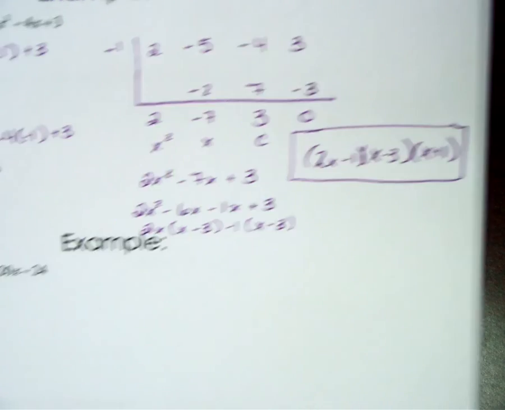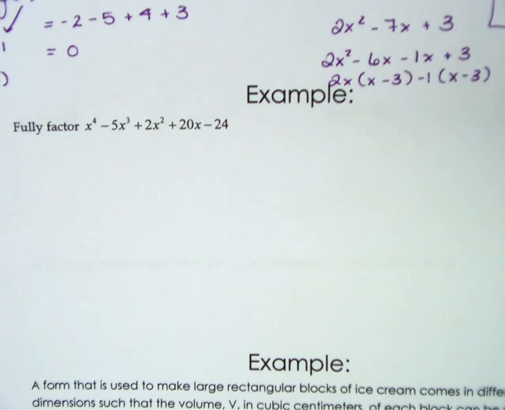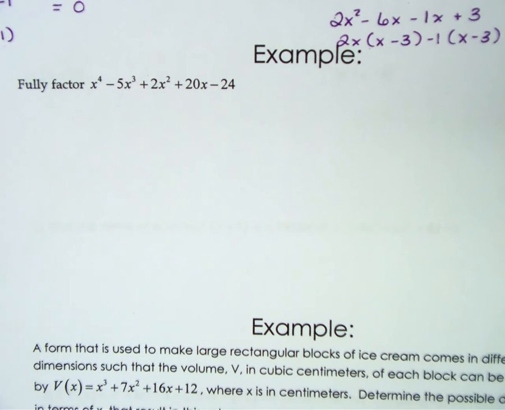Okay, so those were all cubes, right? So now we're going to try a 4. Does that mean we have 4 factors? Yes. You're going to have to do this twice. So let me recommend that you get a scrap piece of paper out to do your remainder theorem on, or write really small. And it's negative 24, folks.